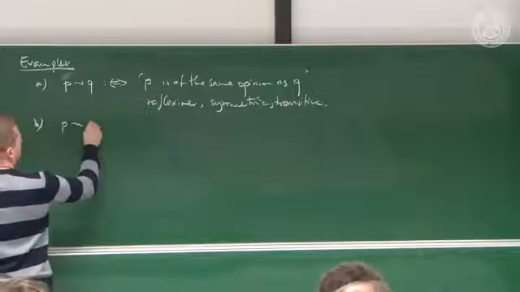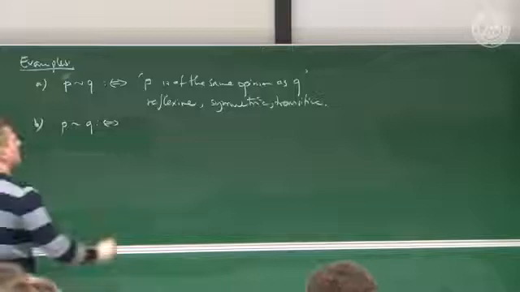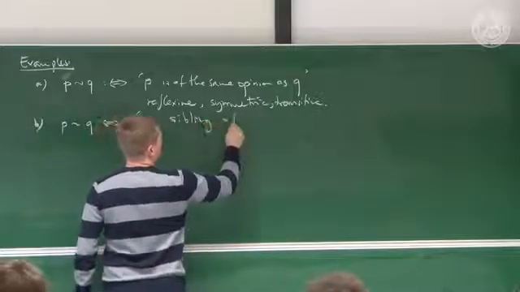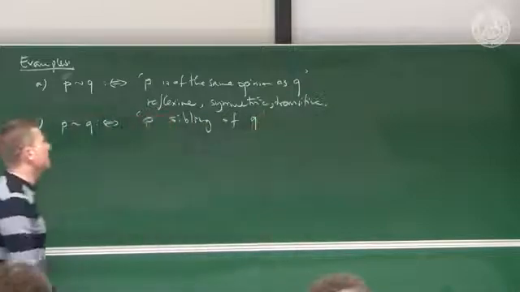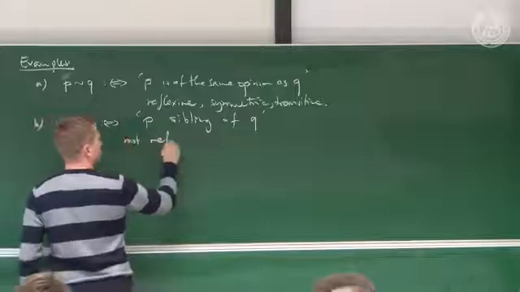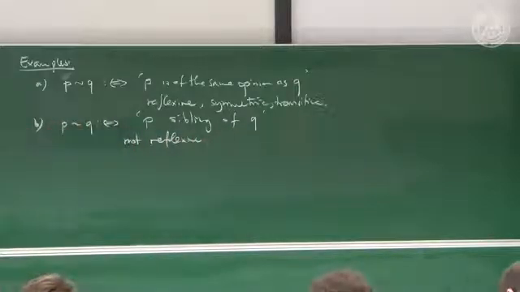B, let's say we define a different relation. Like p is the sibling of q. Sounds good, but it already fails to be reflexive because you're not your own sibling. Not reflexive.